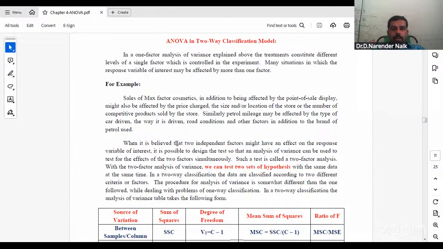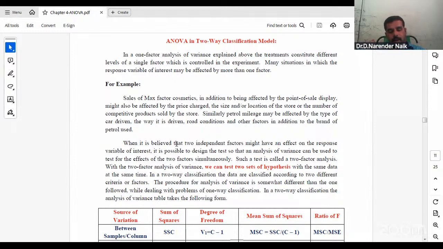Observe carefully: the price charged, the size or location of the store, or the number of competitive products sold by the store. Petrol mileage may be affected by the type of car driven.